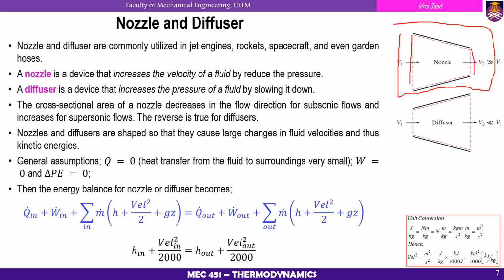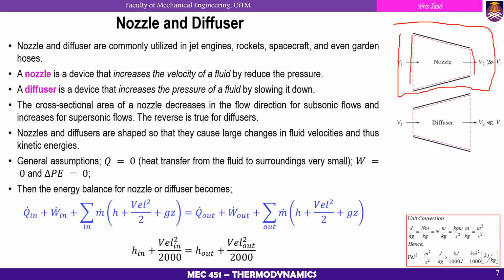Note that the velocity of the fluid flow will affect the kinetic energy of the fluid flow. Therefore, we can say that the nozzle is a device used to increase the velocity and kinetic energy of the fluid flow. Okay, next, let us see the diffuser.